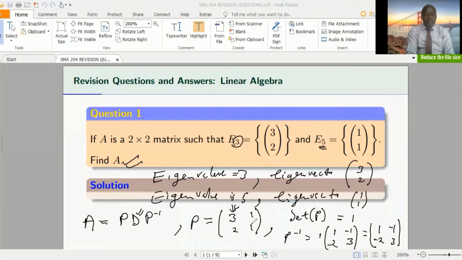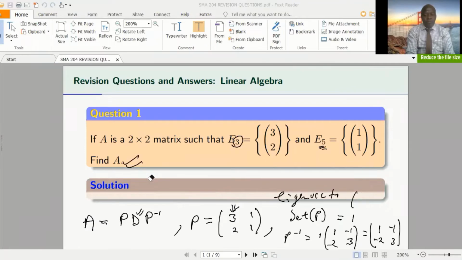And the second eigenvector that we wrote in P, its corresponding eigenvalue was 5. So we must note these orders. The order in which we wrote the eigenvectors will determine the order of the eigenvalues in the diagonal matrix D. So this was a very simple question.